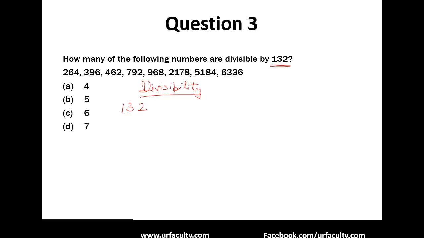132 is actually a multiple of 3, sorry. So if it is a multiple of 3, what do we do? How do we know what that number is? It's a multiple of 3, then it's a multiple of 2. If you take an LCM, it will be very easy for you.